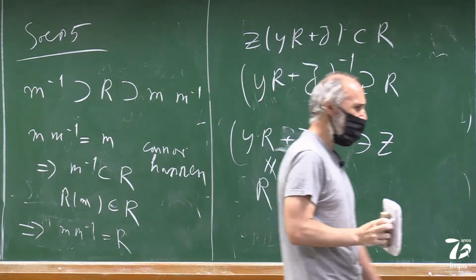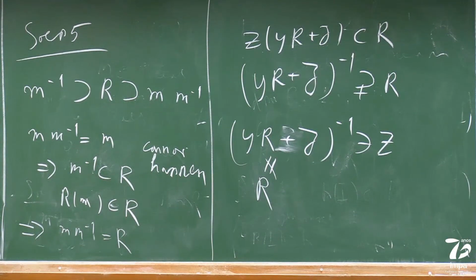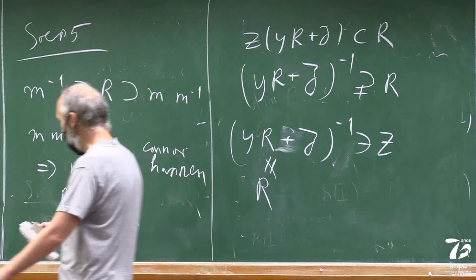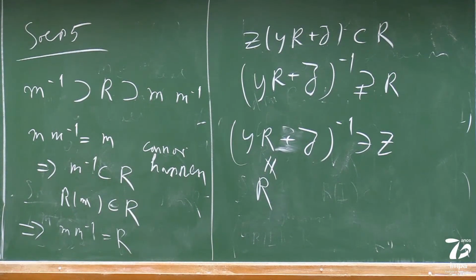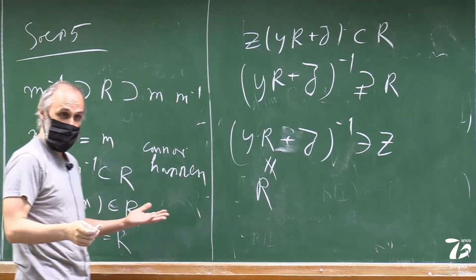We have 7 steps. It's probably the biggest proof in the whole course. So now we have to use Noetherianity again. It's the Krull lemma. If you remember, it follows from Nakayama that the intersection of all powers of any ideal in a Noetherian ring is 0.